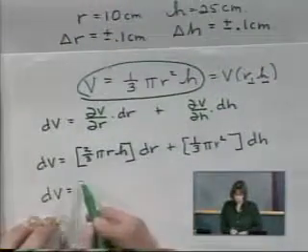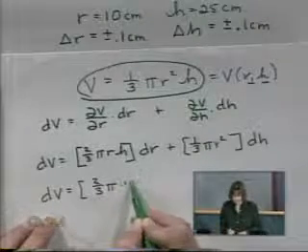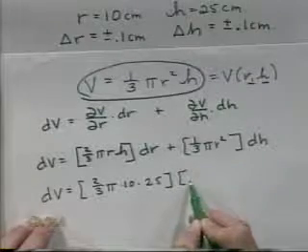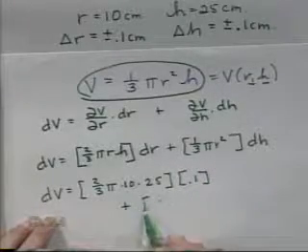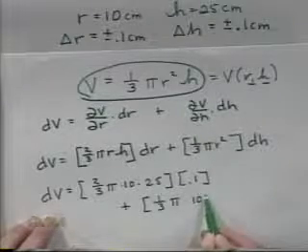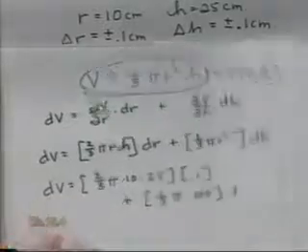We're going to go 2/3 pi, R is 10, H is 25, delta R is 0.1, plus 1/3 pi, R is 10, 10 squared is 100, times dH, which is also 0.1.